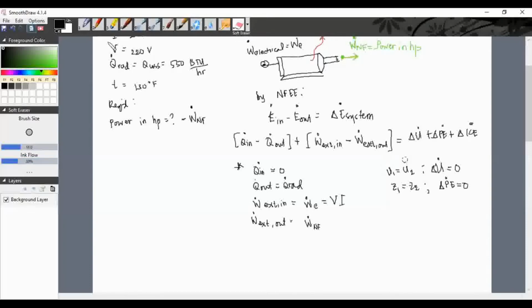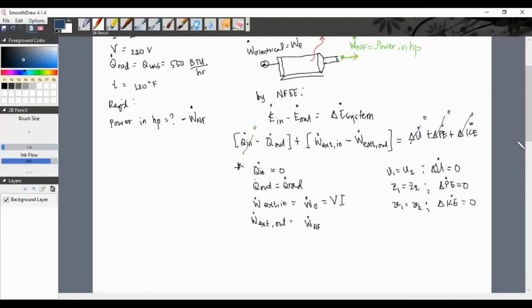Okay? Next, velocity, wala rin nabanggit. So, assume natin na equal sila, entrance and exit. So, thus, we have delta KE is equal to 0. So, marami palang 0 dyan. So, wala na to. Wala na to. Wala na rin to. Yan.